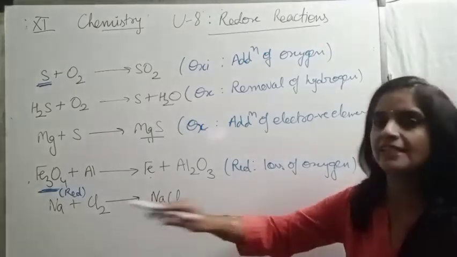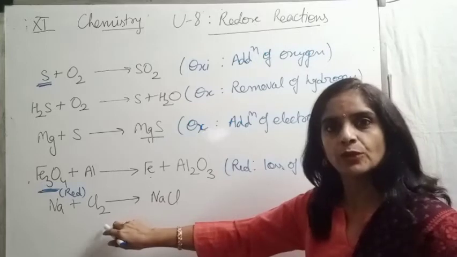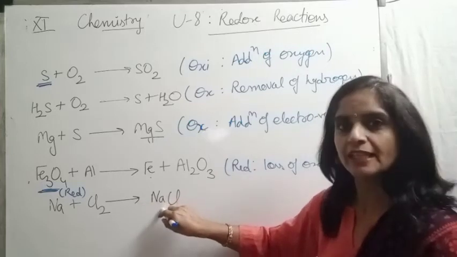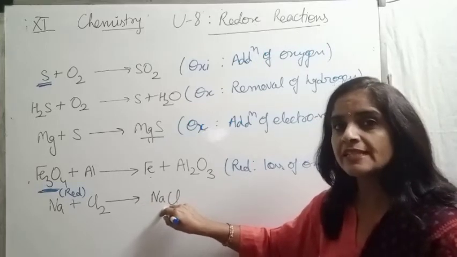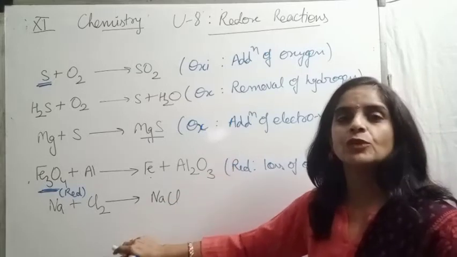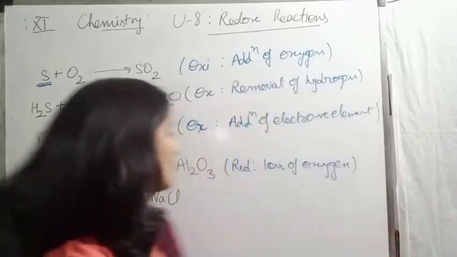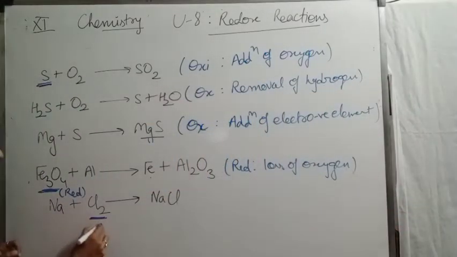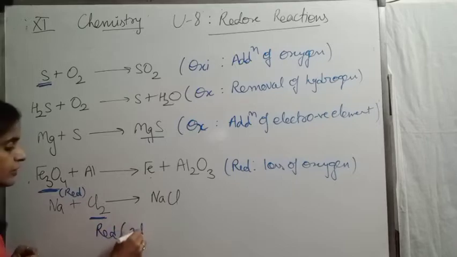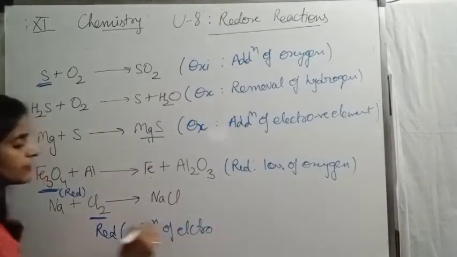Like in the last example, for chlorine, addition of sodium is taking place, and sodium is an example of an electropositive element. It means for chlorine this is the case of reduction. Why is this reduction for chlorine? Because of addition of electropositive element.